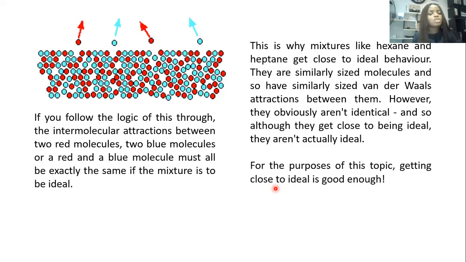For you to mix two liquids, there must be some form of bond breaking and bond formation. So we are saying for an ideal mixture, the intermolecular forces between the liquids that are being mixed together must be exactly the same. So that's where the intermolecular force of attraction comes in.